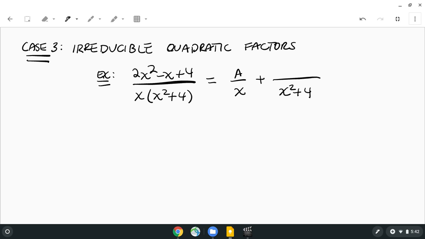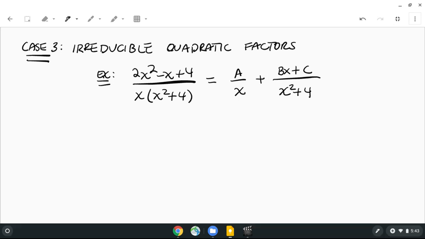When you have a quadratic factor, all of them have been linear so far, and so we've been using just a letter for the numerator. But when you have a quadratic factor, the numerator is not going to be just a letter like b. It's actually going to be a linear equation, bx plus c.